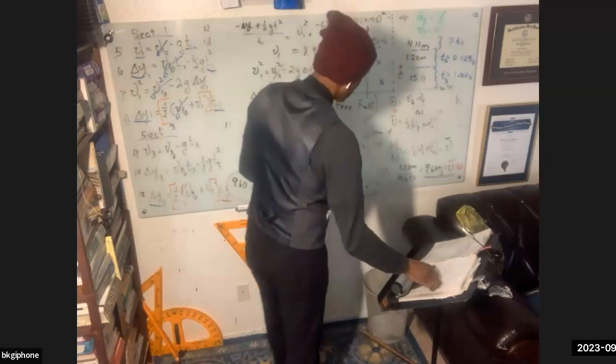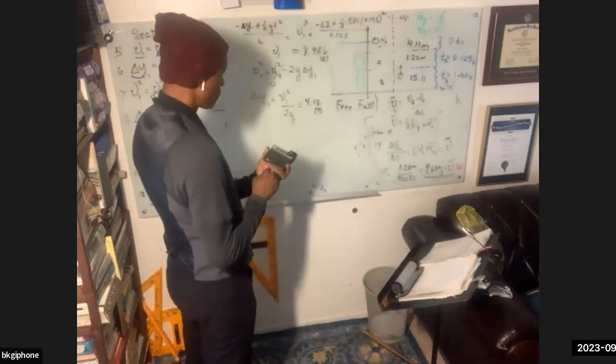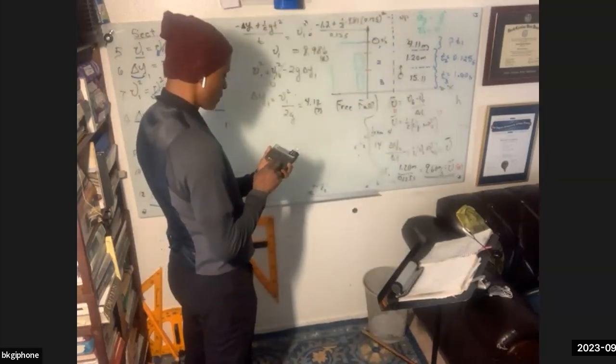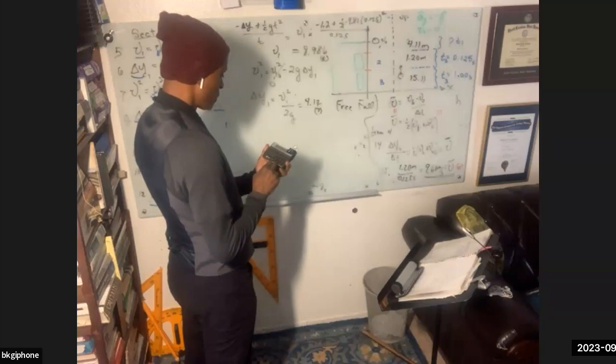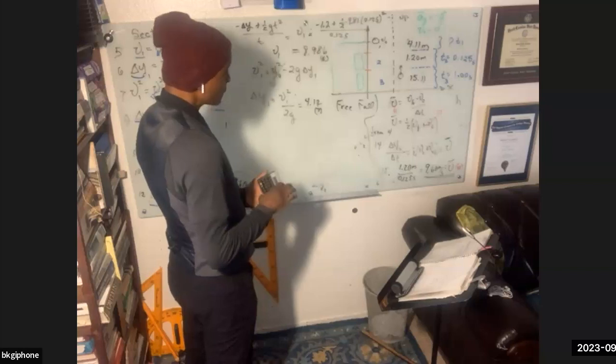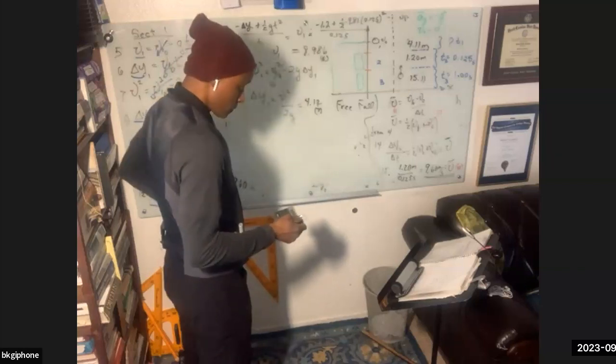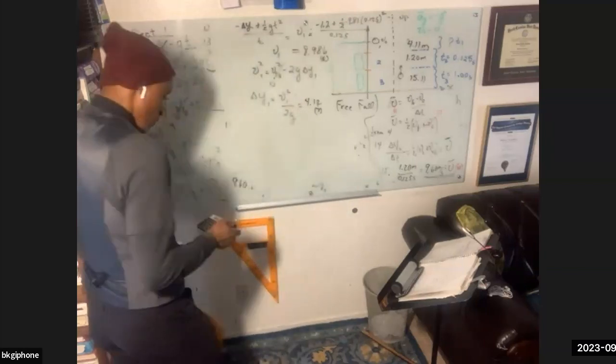So adding all that up, we get 15.11, 1.2 plus, and then we call this guy 4.11. I didn't get 20.4. I didn't separate it like that, but yeah, that works too.